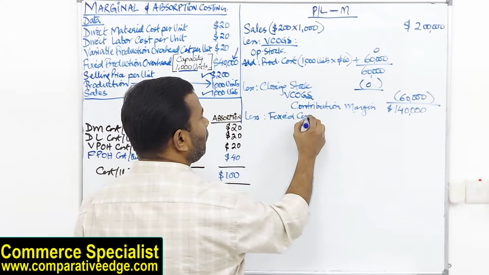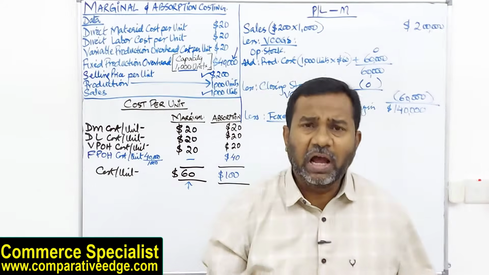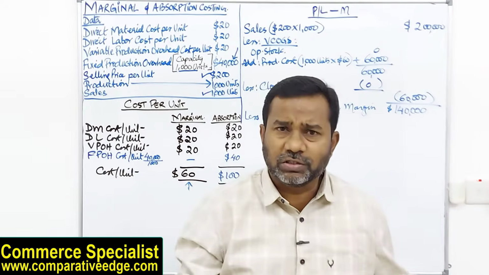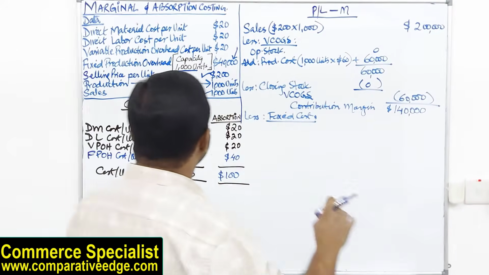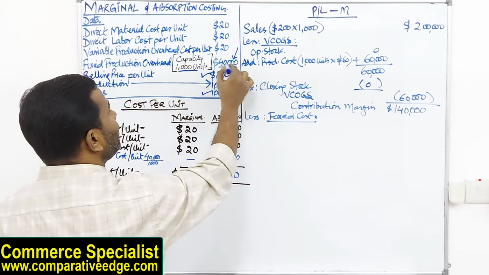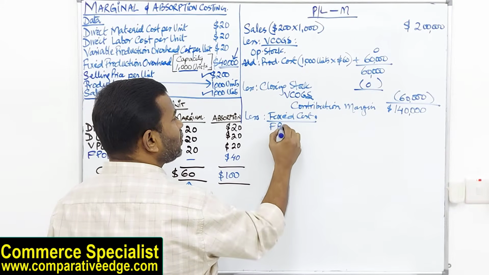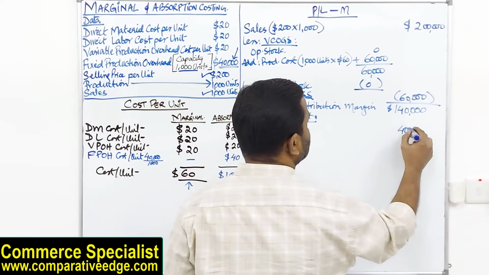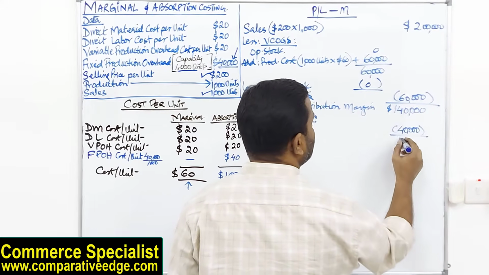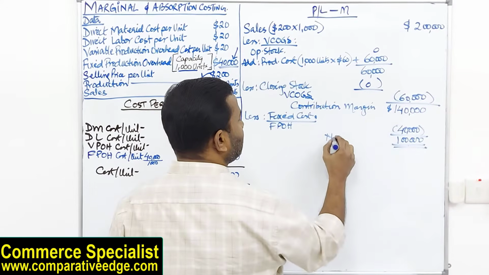When I say less fixed cost, I'm talking about all fixed cost, whether production or non-production. In this question, luckily we are only given one fixed cost, which is fixed production overhead of 40,000. I subtract, and I get 100,000 as my net profit.